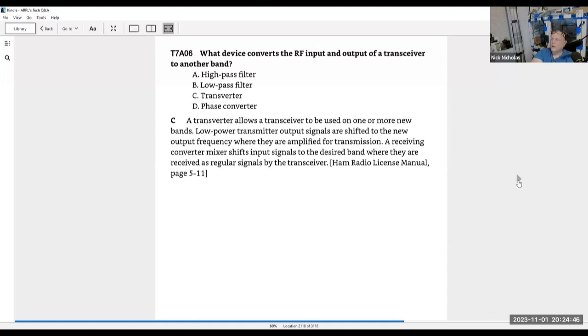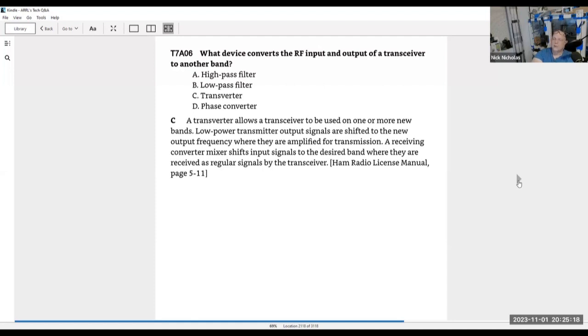Well, they actually make, you can buy a circuit board, or you can build them yourself, that are transverters. They take the frequency of 10 meters on transmit and they mix a frequency in so that whatever frequency you're on in 10 meters proportionately is going to be on some value on 2 meters at 144 and above megahertz.